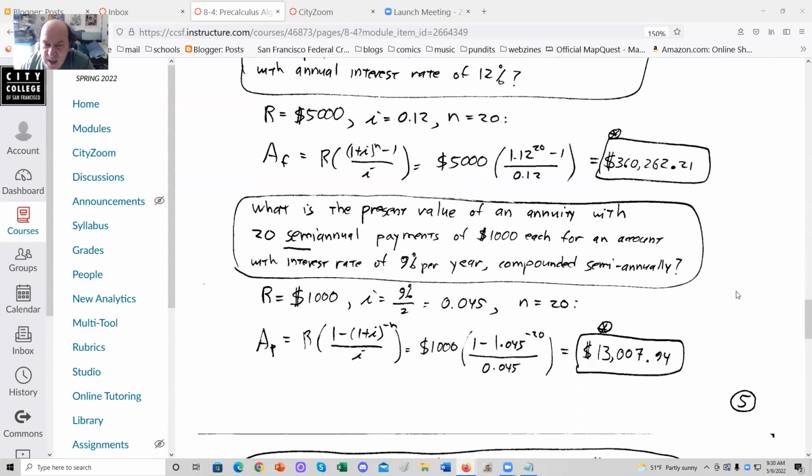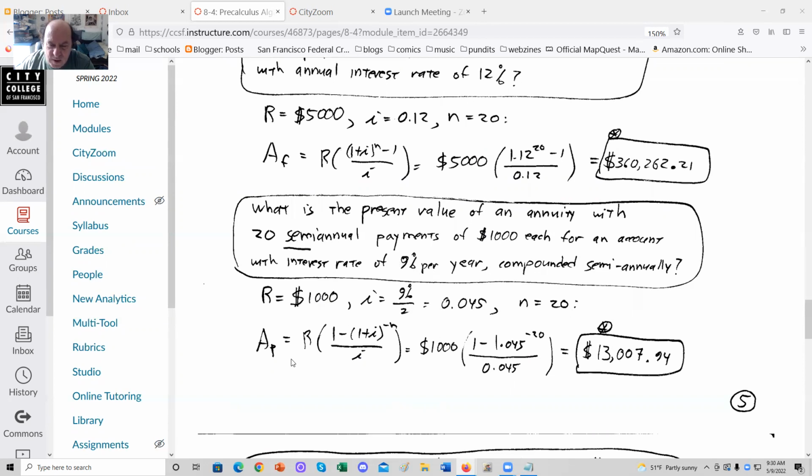Okay, what's the present value of an annuity with 20 semi-annual payments, 1,000 each, for an account of 9% per year, compounded semi-annually? Okay, the regular payment is 1,000. The semi-annual interest rate is 9% over 2, 0.045, with 20 such payments.